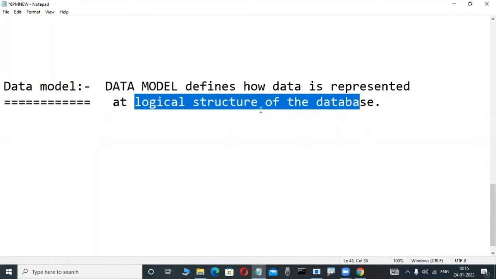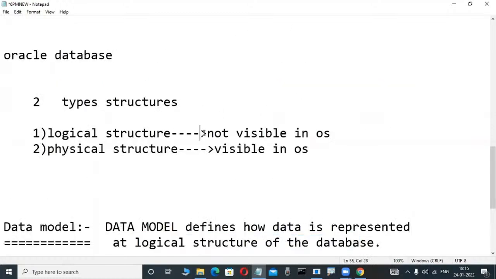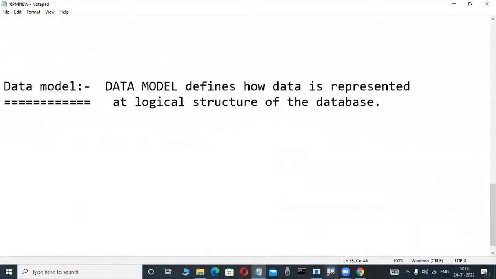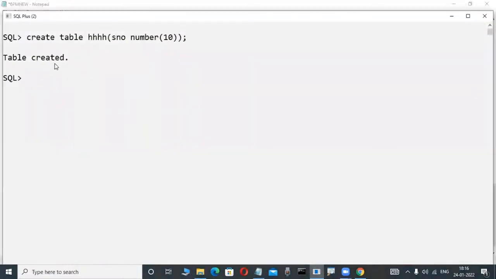In previous classes I told you that a structure which is not visible in the operating system is called a logical structure. Maybe you are creating a table, which is not visible in the operating system, but that structure is visible in the database. Very good. Now in this database, how data is represented is specified in the format of records, and these collections of records are in matrix format.